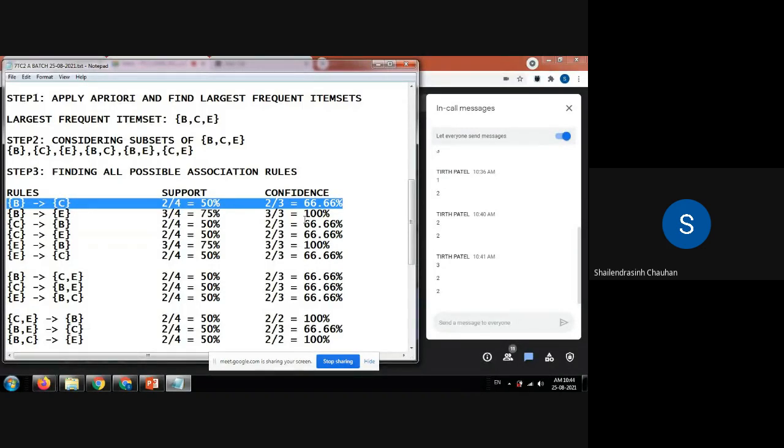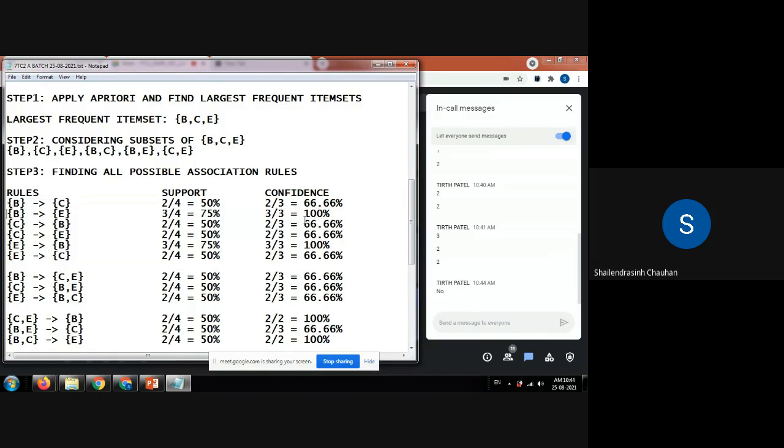No, because it is not fulfilling. It is fulfilling support criteria, but not confidence criteria. So it is weak rule.